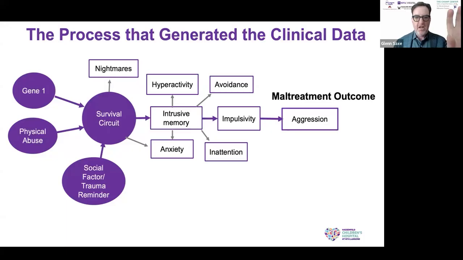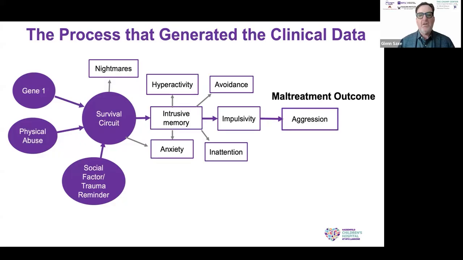Again, this is not a real case, but there is a process, and I want to say, well, what would this mean if this were true? And it's plausibly true, of course. So in this case, in the brain, there's a survival circuit. Let's say it's led by the amygdala, the hippocampus involved, the cortex in some ways. I could make it up, but there's a lot of literature about it. And this is set up by the experiences of physical abuse.